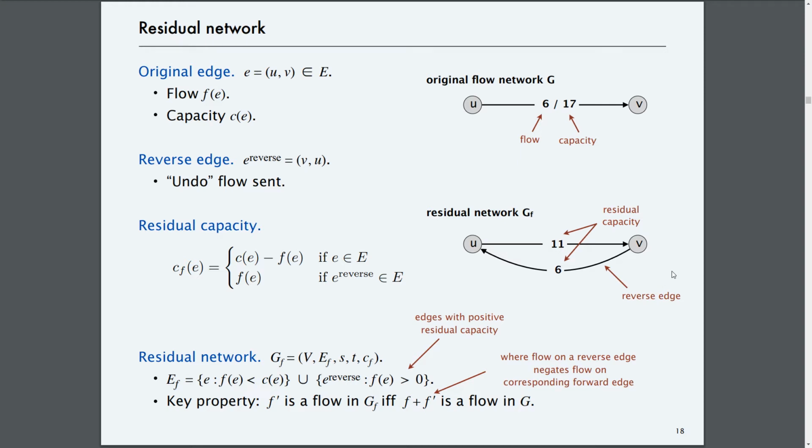So our original edge is from U to V, and it has flow and capacity. We create a reverse edge, which allows us to undo flow that has already been sent.